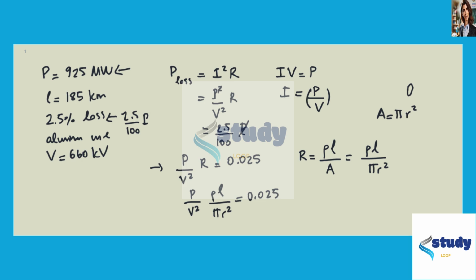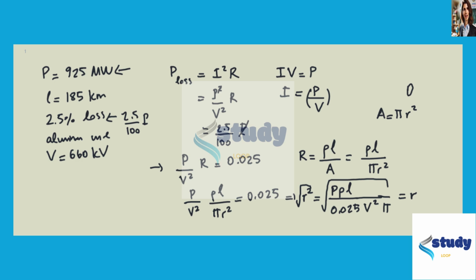So if I isolate r squared, I have total power times the resistivity times the length of the wire divided by 0.025 times V squared times pi. If we take the square root of both sides, this gives me the radius of the wire.